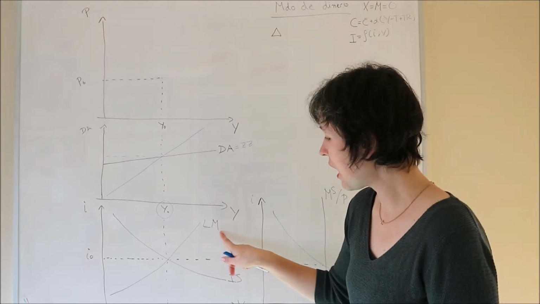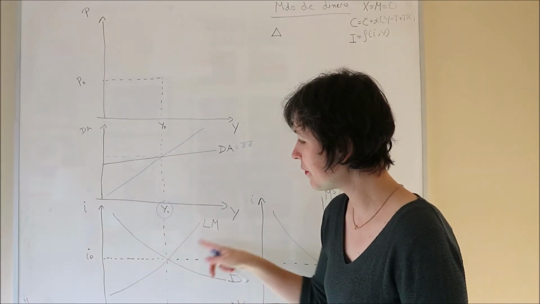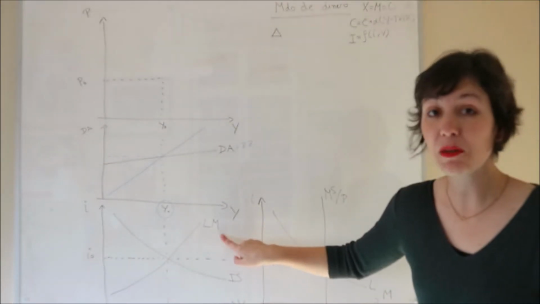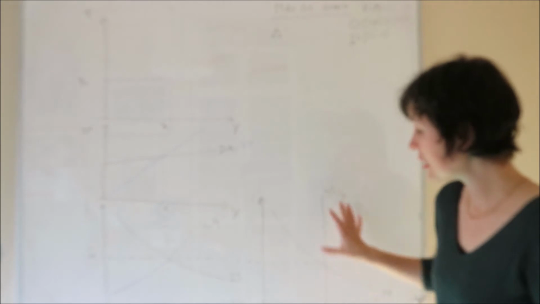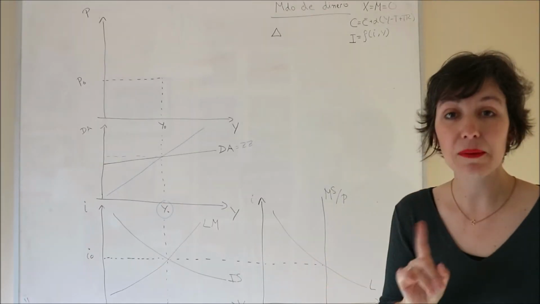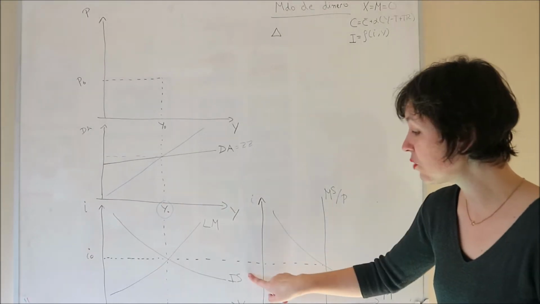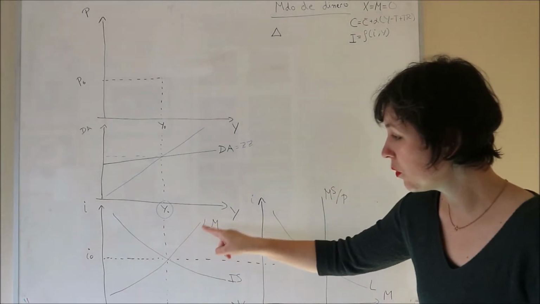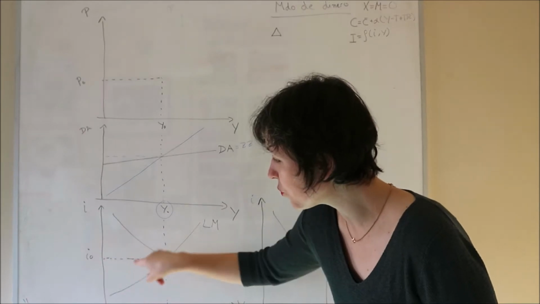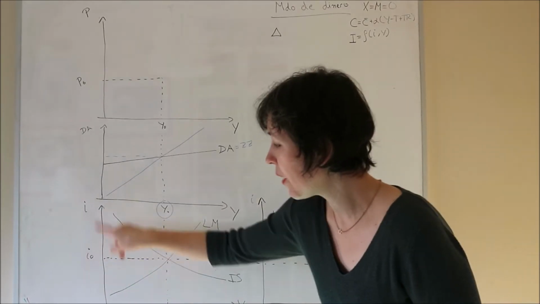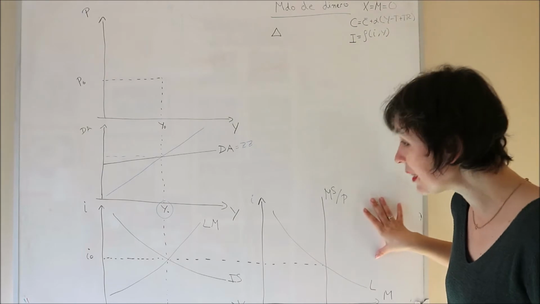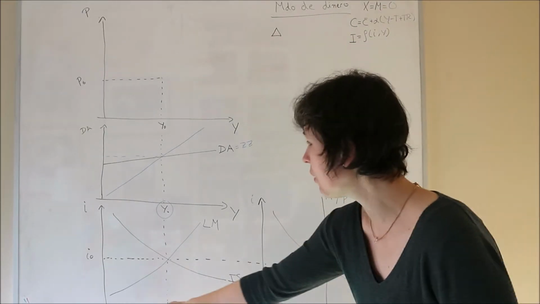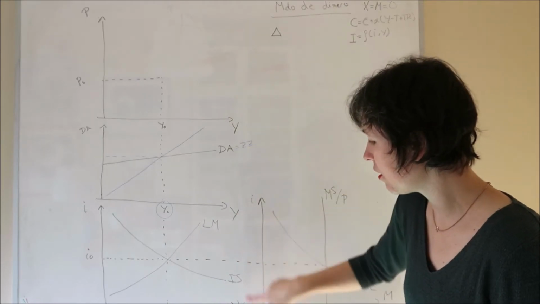Now let's talk about the LM and its positive relation between interest rate and production. Here we are talking about the money market. So the thing that is determining the money market is not the level of output of the economy, it's the interest rate. So what we are observing in this LM curve are all the interest rates that are an equilibrium in the money market for any possible level of output, because here we have production, like here, here, and here.